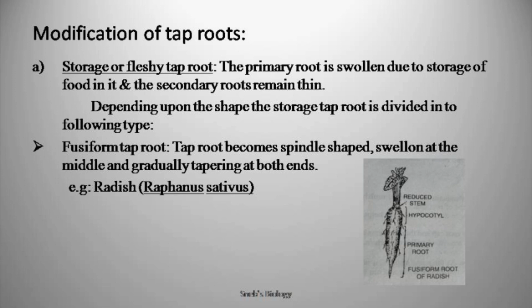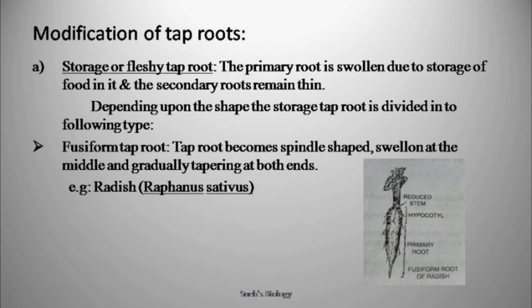First, storage of food. If a root is modified for storage of food, then it is going to be a little swollen because stored food is present. The primary root is swollen due to stored food in it, and the secondary roots remain thin.